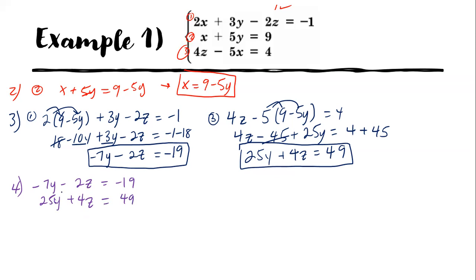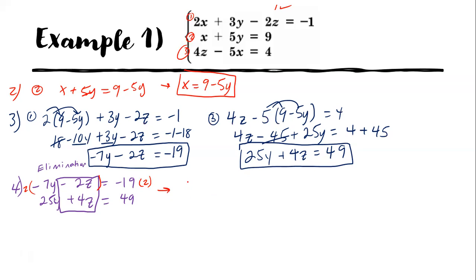So if I'm solving by elimination, which variable am I going to work on eliminating? Z. Z. Good job, Devin. I'm going to eliminate z. So what would I need to do to transform negative 2 into the opposite of positive 4? Well, I would have to multiply everything by 2.